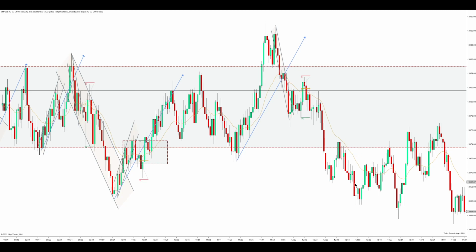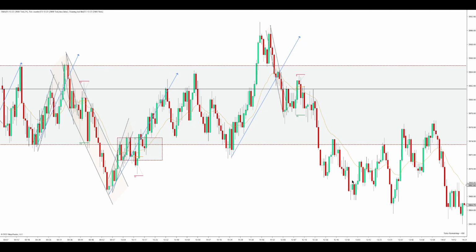So I don't see anything good there. But we push down. We get first entry short, second entry short. That's really just shorting really low, which I should probably extend now that I'm back.